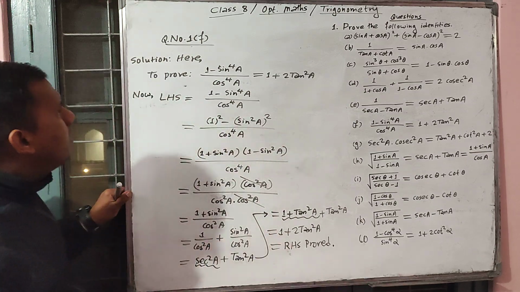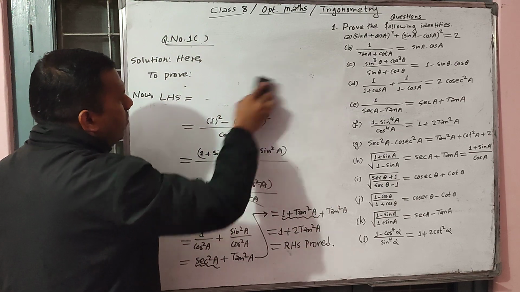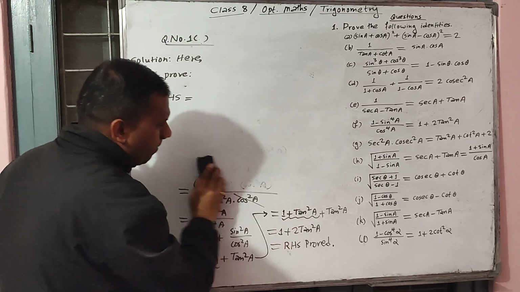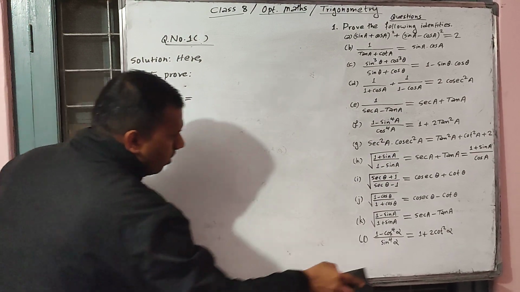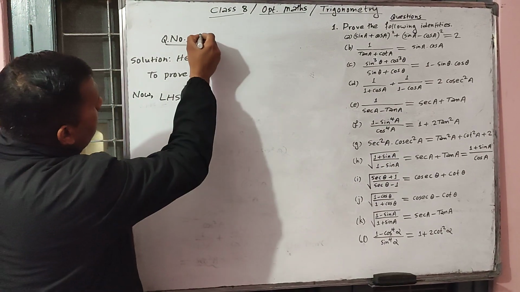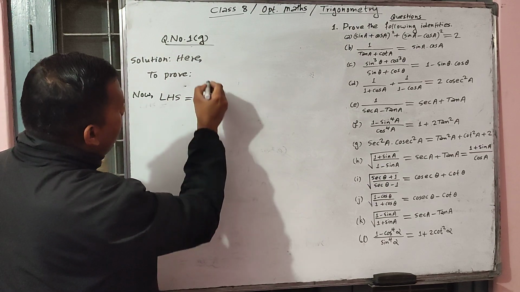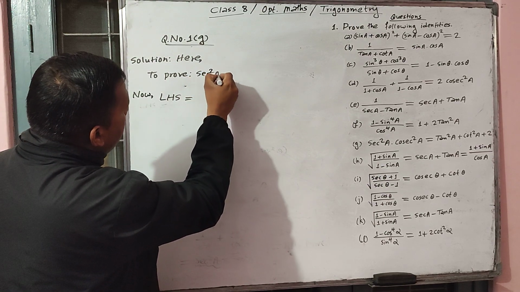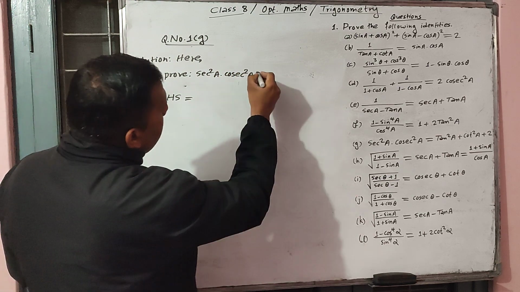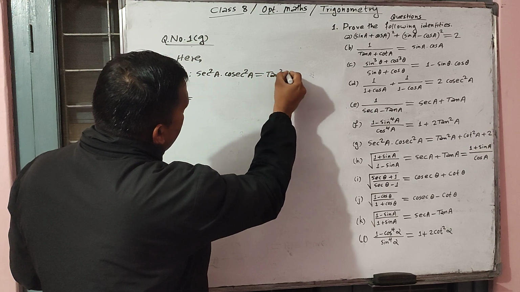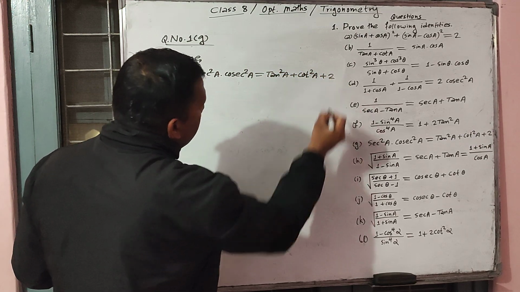Question number 1G. Let's start 1G. In 1G, we need to prove sec square a dot cosec square a is equal to tan square a plus cot square a plus 2.